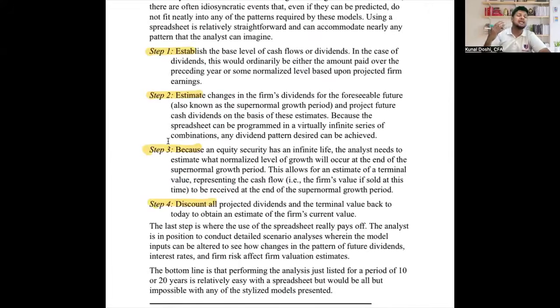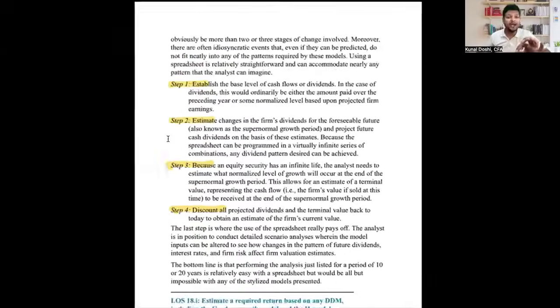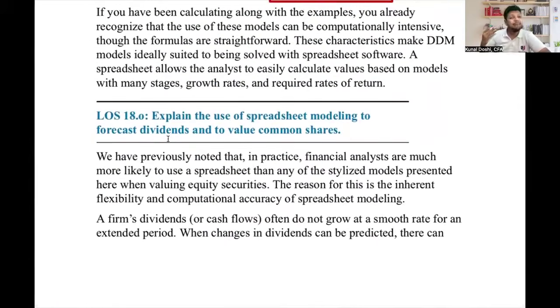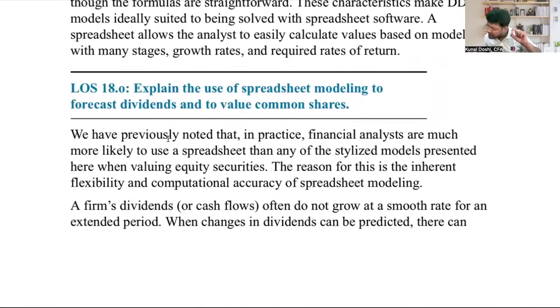It's the same steps that you do manually, just that in spreadsheets the biggest advantage is that you can use any pattern of cash flows. You can use any assumption. So the biggest thing here is the flexibility and computational accuracy of the model.